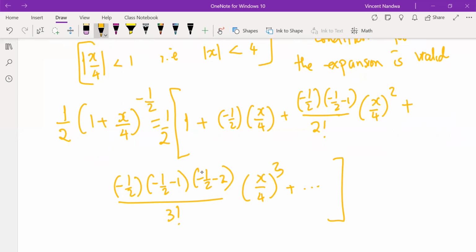And because we were just to expand up to term in x power 3, we stop at that point.